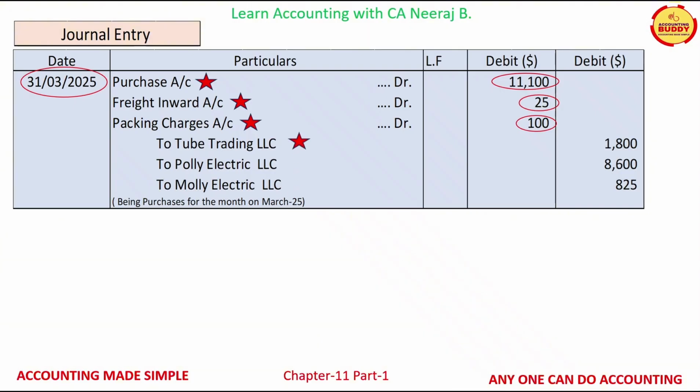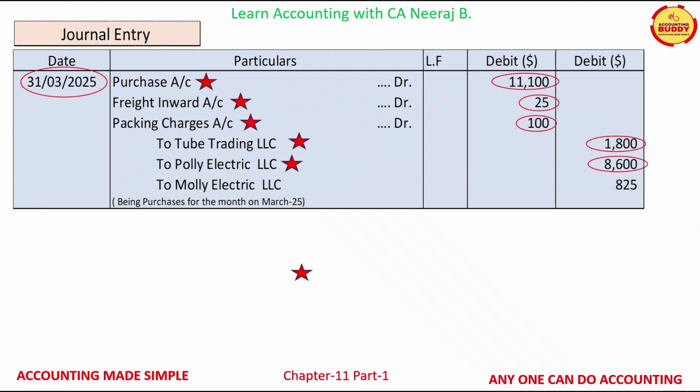Therefore, Tube Trading LLC will be credited with $1,800 after deducting 10% trade discount from the list price of the goods of $2,000. Poly Electrical LLC account is credited with $8,600 being the total of the value of the goods for $8,500 and packing charges of $100.